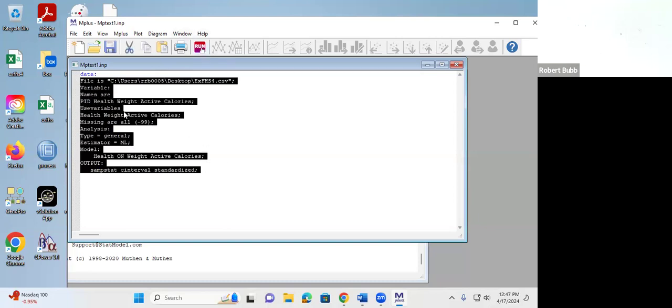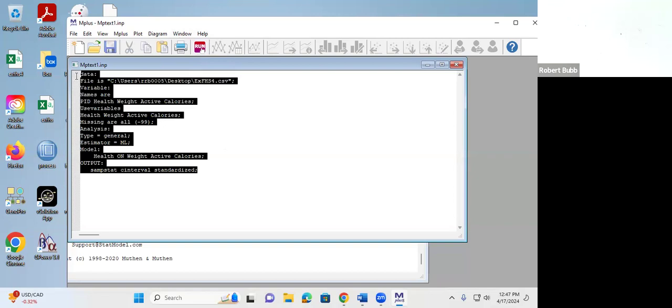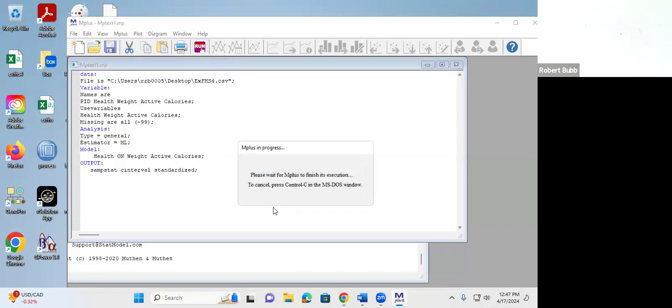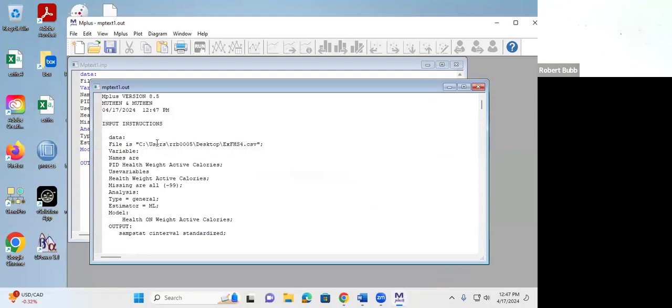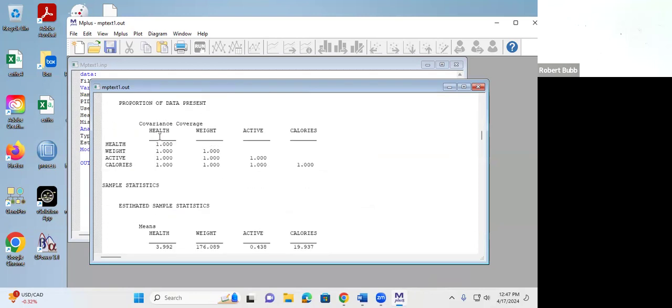All right, that's all we really need to do: just change our use variables, change our model, and now it should run as a multiple regression. We click run. It should be good. Mine turned out good. Did everyone's turn out all right?